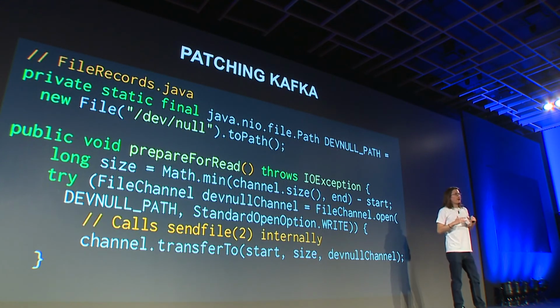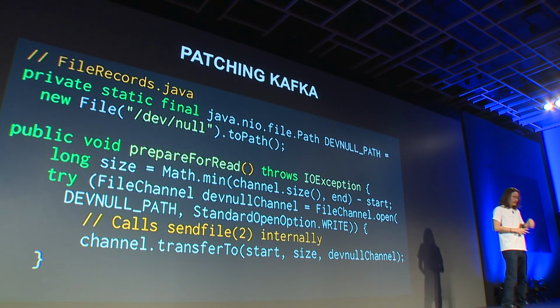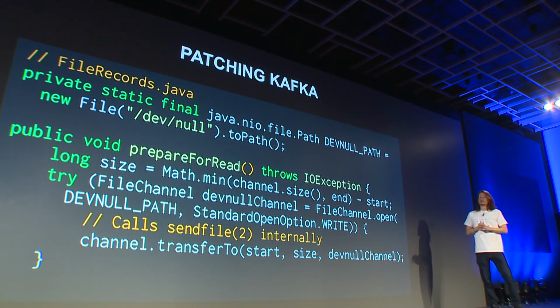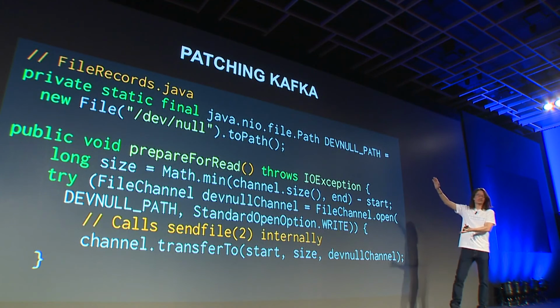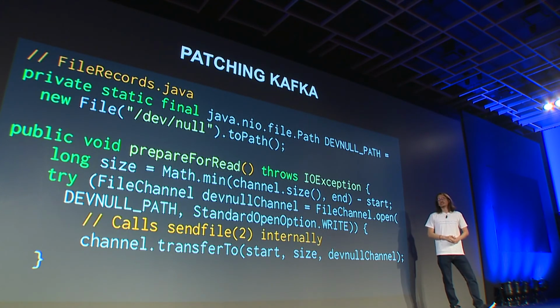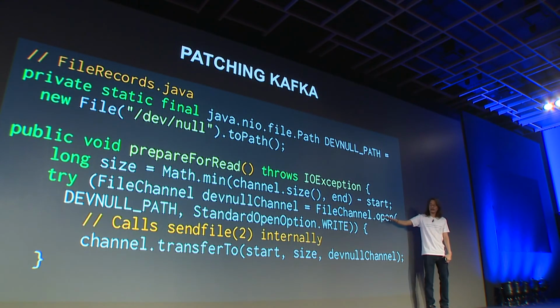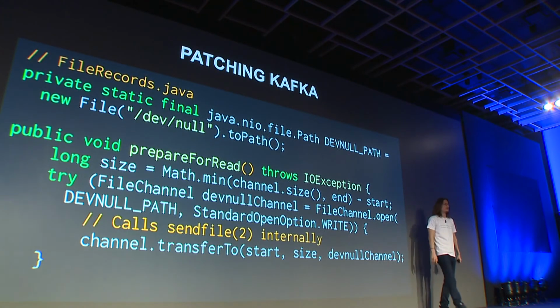To implement this page cache warm-up in the broker, the way of doing it is very simple. In the prepare-for-read page cache warm-up, we just open the file to /dev/null and call the file channel's transferTo method.